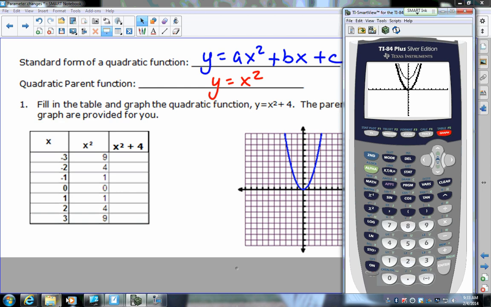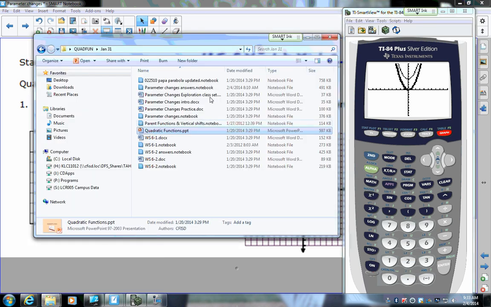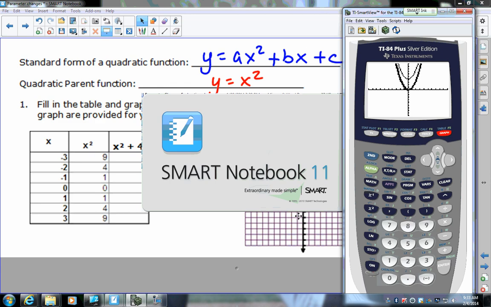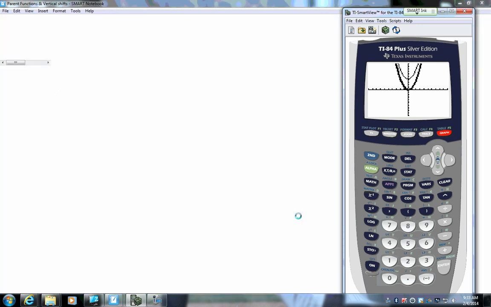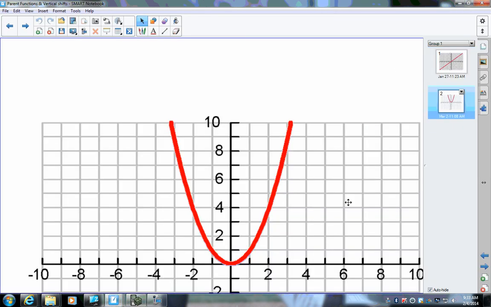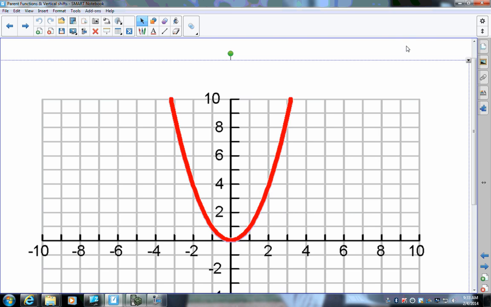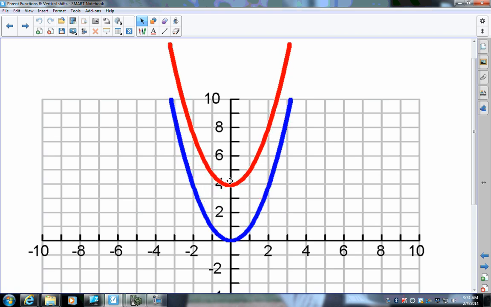So let's look at something. Let me pull up this other one. Right now on my board, I have the quadratic parent function. That plus 4, that ending part told me to take this vertex and move it up 4 units.